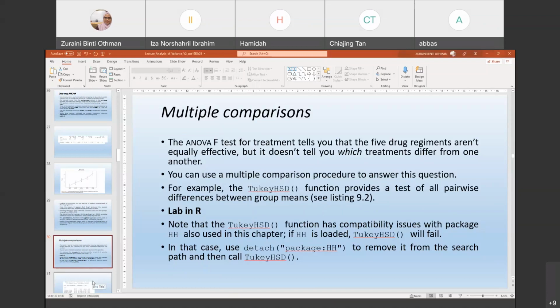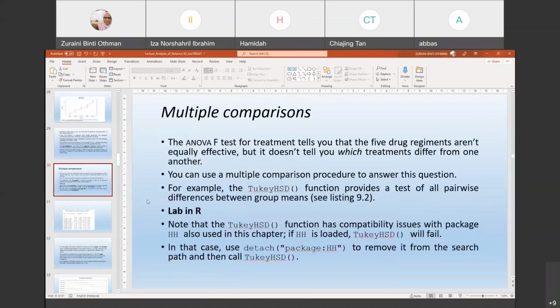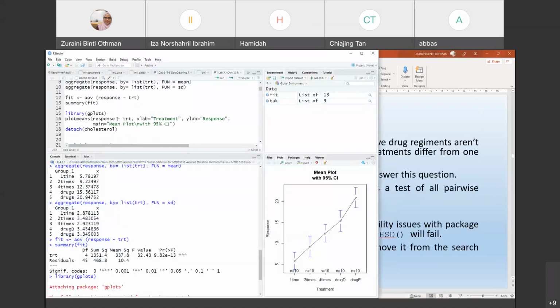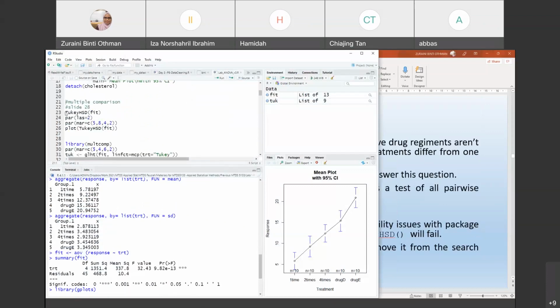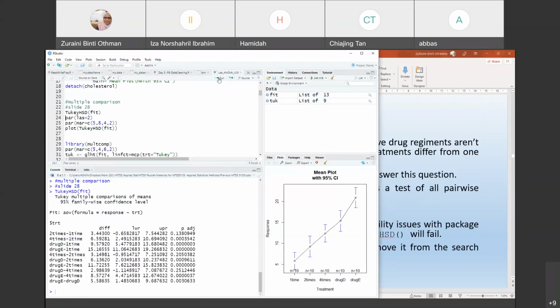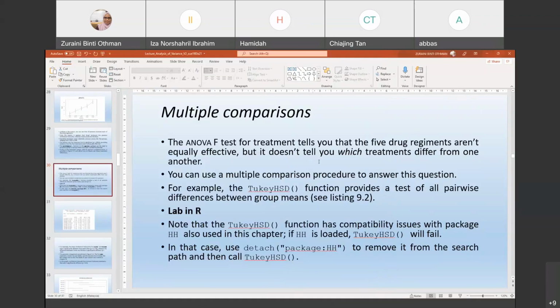So later we'll get this kind of table, but we can run our code in R for this slide. We have this multiple comparison using TukeyHSD fit. Let's run it. We want to know which treatments differ from one another.